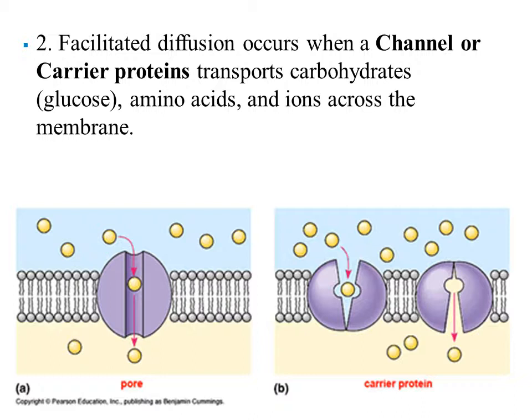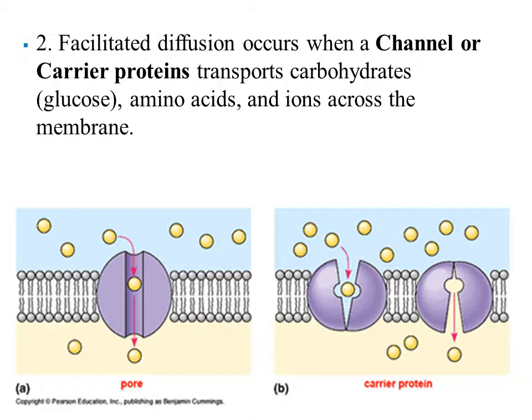This occurs when a channel protein or a carrier protein is activated. These proteins are going to transport molecules like carbohydrates, amino acids, and ions across the membrane.